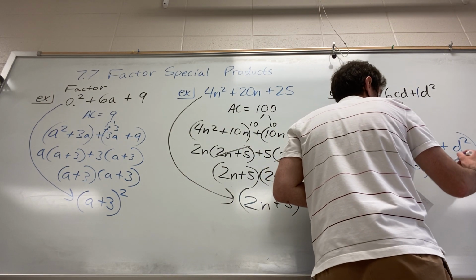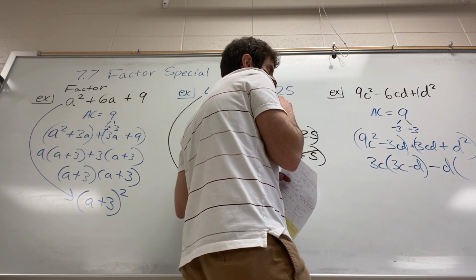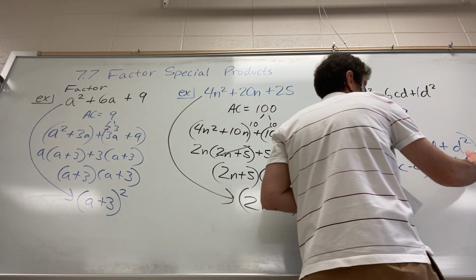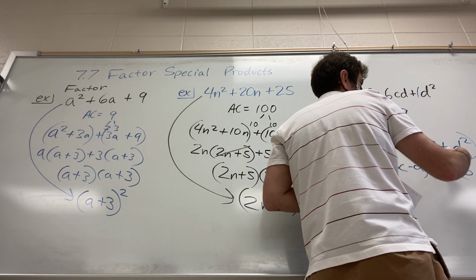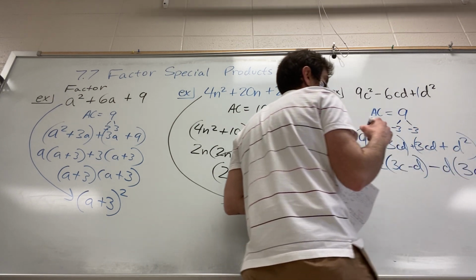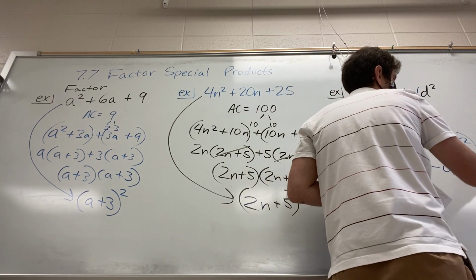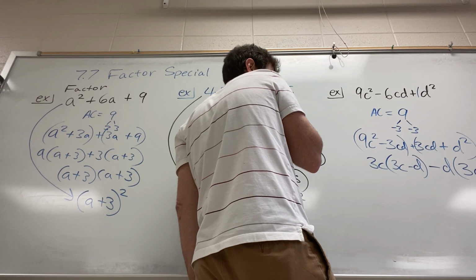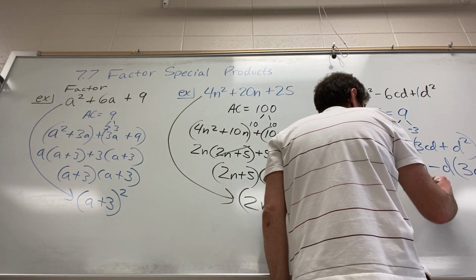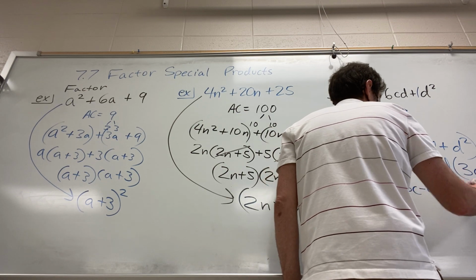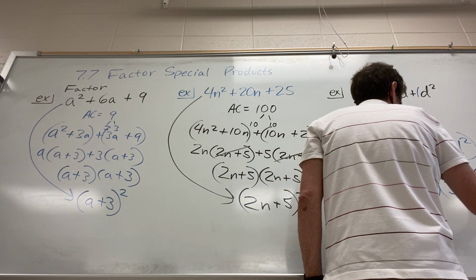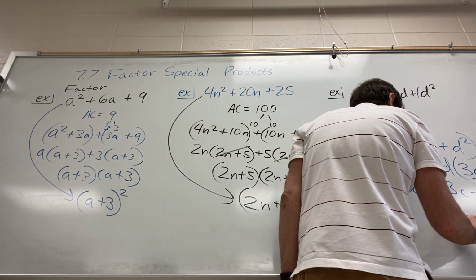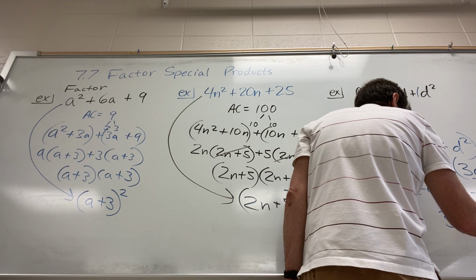A d, leaving behind, it'll become positive, the d divides out, 3c minus d. Do we have common binomials? Yeah. So you get 3c minus d times 3c minus d, which is actually 3c minus d squared.